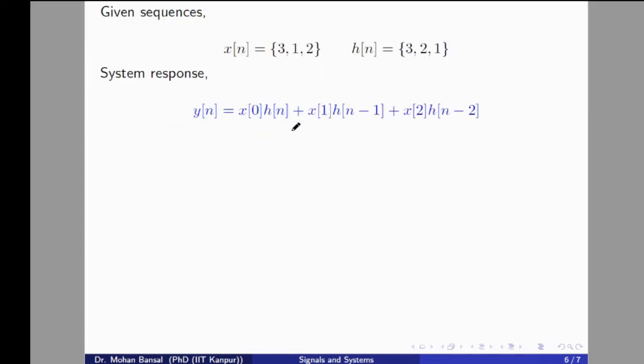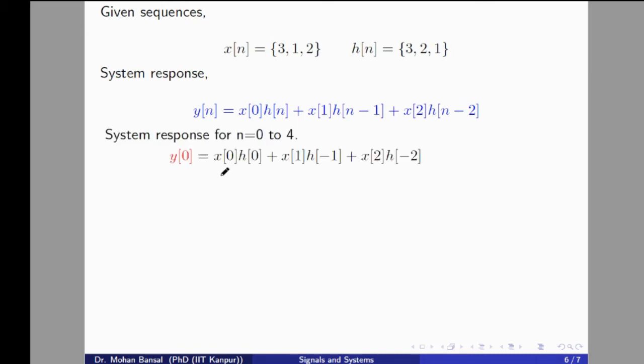Now y[n] is equal to x0 h[n] plus x1 h[n minus 1] plus x2 h[n minus 2]. We'll compute for n equal to 0: y0 will be x0 h0 plus x1 h[minus 1] plus x2 h[minus 2].